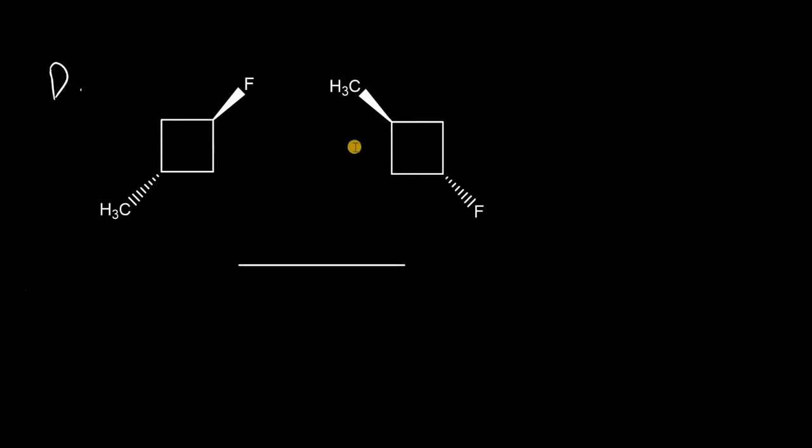So in these cyclobutane derivatives, we have a fluorine bound to carbon 1 and a methyl bound to carbon 3. Now, if we even attempt to look at stereochemistry, we need to first ensure we have chiral centers. If we emerge from this supposed chiral center, we would have a hydrogen projecting towards the back, a CH2 group, and then this tertiary carbon.